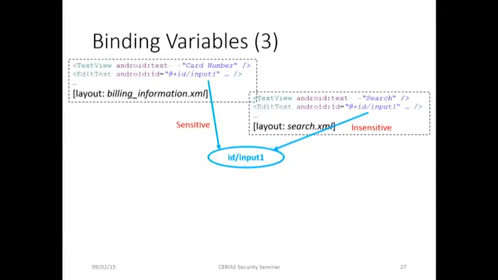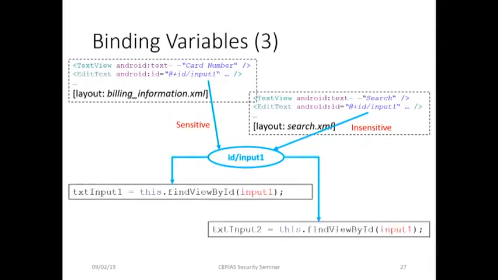We solve this problem by leveraging backward slicing. In this example, we know that input 1 can be either sensitive or insensitive, and we can find out all the references of input 1 in the code. Then, in order to find out which reference is correlated to the sensitive input 1, we find out the backward slices for all the references.